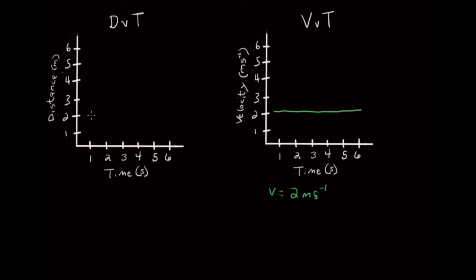So my first second, 2 meters. My second one will be 2 more meters, so that'll be 4. My third one will be 6. And so I will have a slope that looks like that.